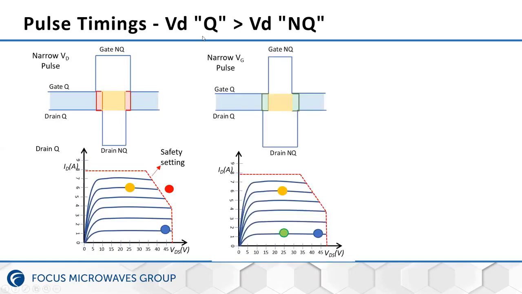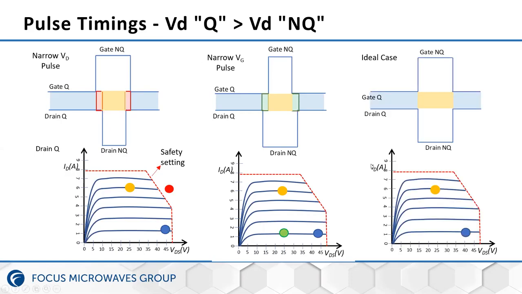For the other two cases, where your gate pulse is narrower than the drain pulse, we create an intermediate stage, but that is well within the safety limits of our system, so it's benign. Similarly, when we have equal gate and drain pulses, we do not create any intermediate stage and we jump directly between our quiescent and non-quiescent IV characteristics.